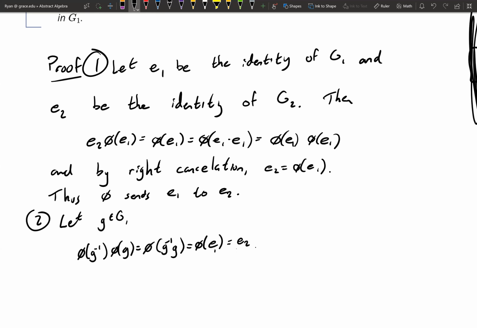Thus, phi of G inverse equals phi of G inverse. If I multiply them together, I get the identity. So phi of G is the inverse of phi of G inverse.